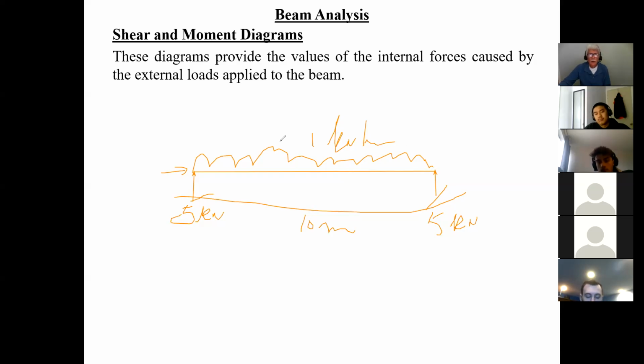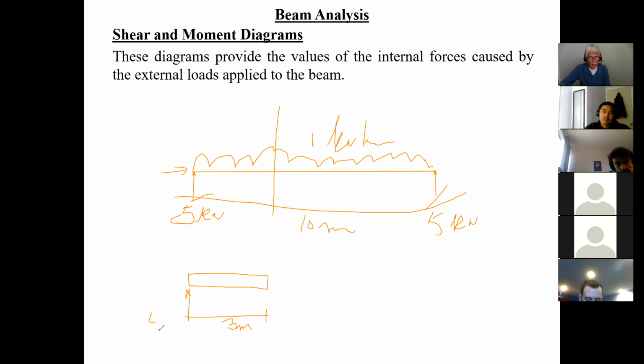Now, what I want to do is cut the beam here, and all I'm seeing is this part of the beam. So I cut the beam at 3 meters.